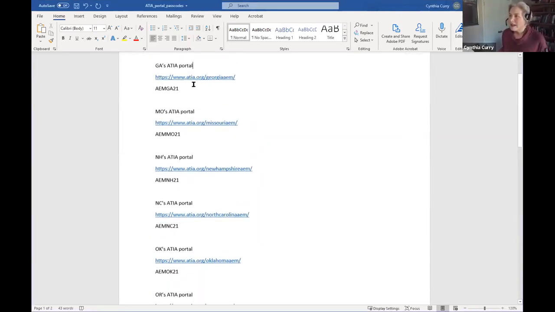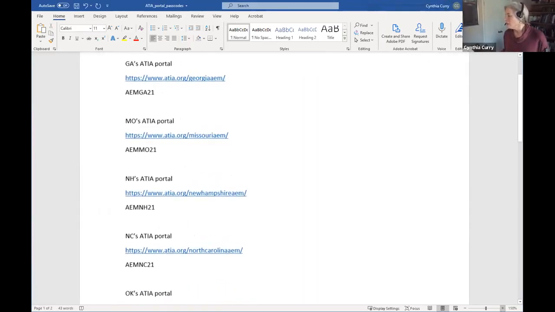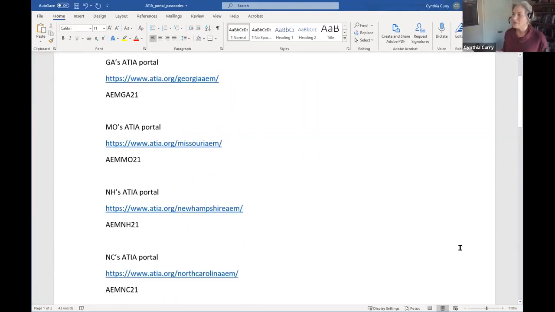Notice that they all have the same structure. They're all www.atia.org, and then your state name followed by AEM. So whether you're going to be exploring the ATIA Learning Center subscription during the time that we have now, or you want to go back later, these were shared during the kickoff.